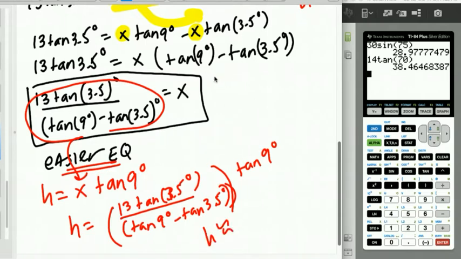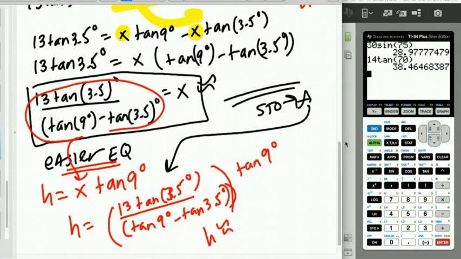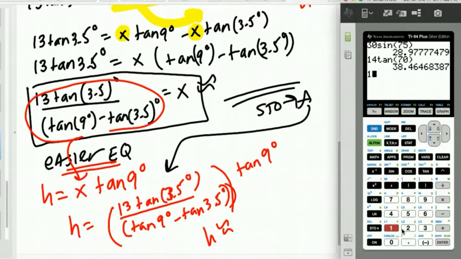If you get an approximate x value, you need to store it as something, and then you would use that number here. You don't want to use a rounded value. So if I wanted to find x, I would put in 13 tangent of 3.5, close the parentheses, divided, open the parentheses, tangent of 9, you've got to close the tangent, minus tangent of 3.5, close the tangent, close the denominator, and then we go.